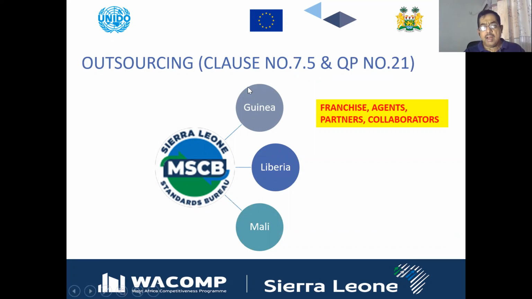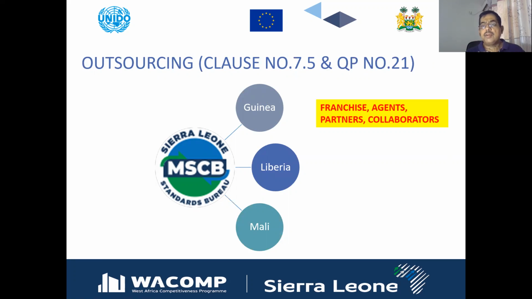But your neighboring countries, Guinea, Liberia, Mali, request you to please provide these services because you are a globally accredited management system certification body. So how would you provide the service in countries where you do not have your availability?